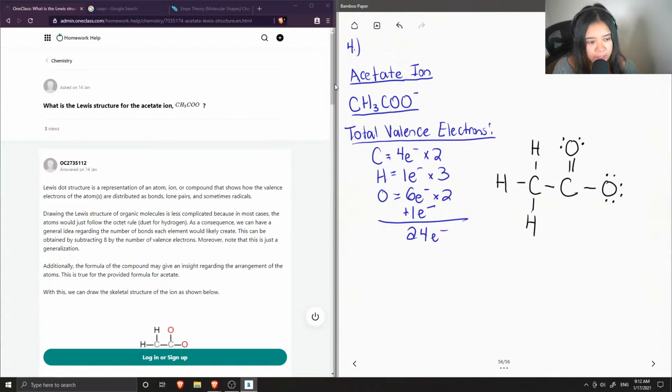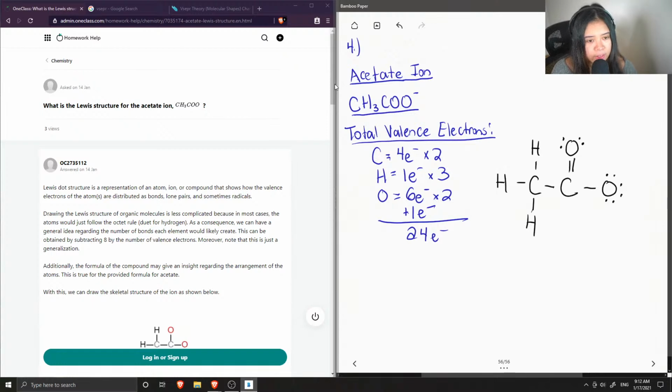So let's calculate the formal charge just for all the atoms to see if everything lines up, since the sum of our formal charges should equal the overall charge of the ion.